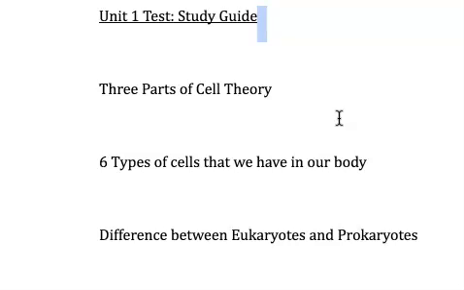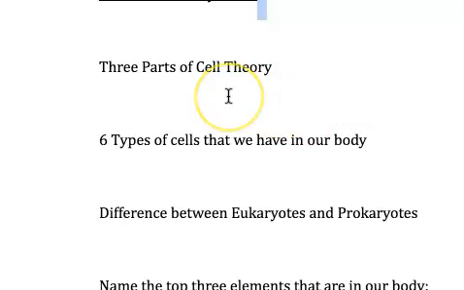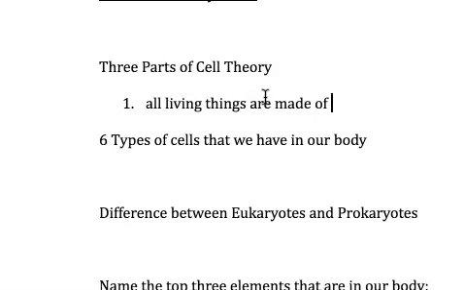Under every question, you're going to put your answer. For example, for the 3 parts of cell theory, the first one would be all living things are made of cells. That would be 1.